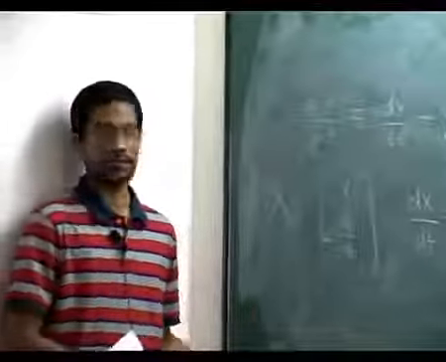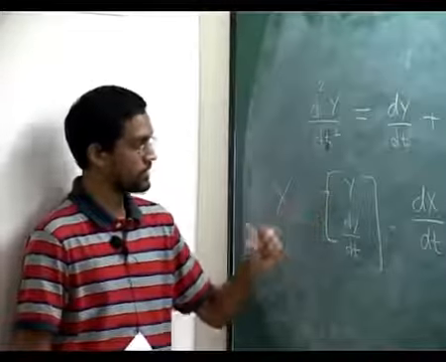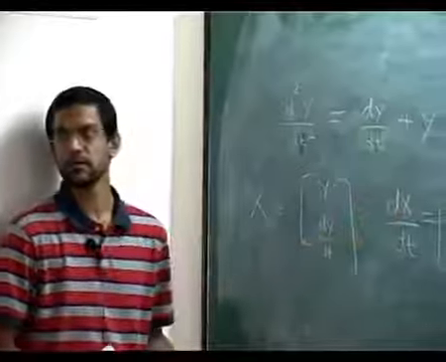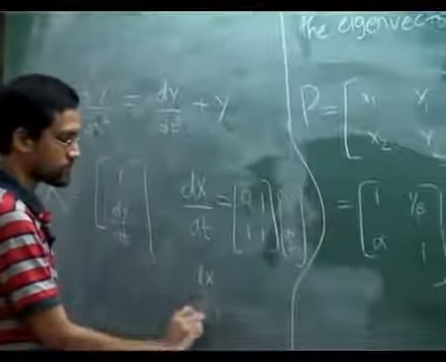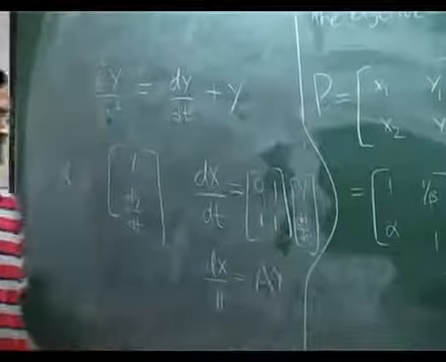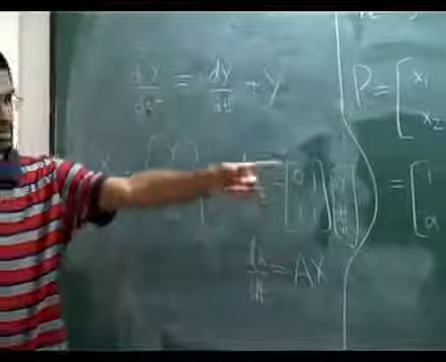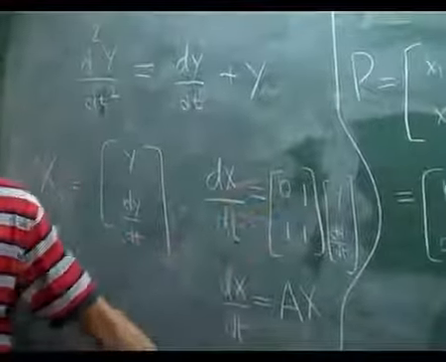So if y satisfies this equation, then this vector (y, dy dt) satisfies this equation. Okay, and what is this equation? dX dt is AX, where A is the same matrix that we just now wrote down, and X is this column vector.